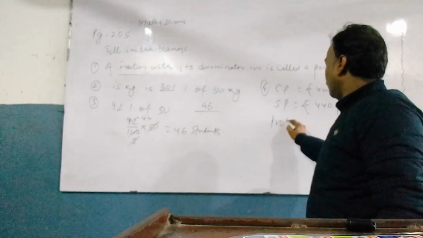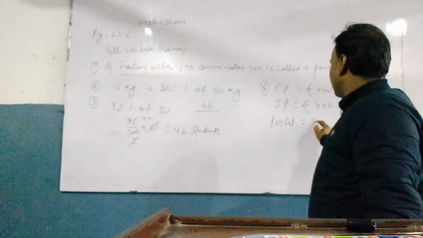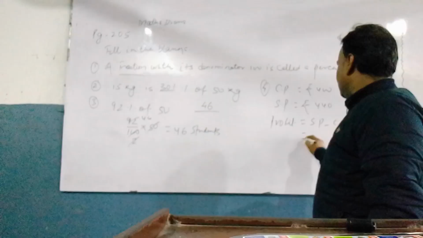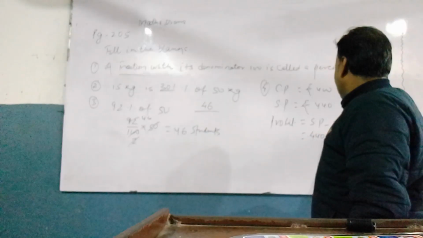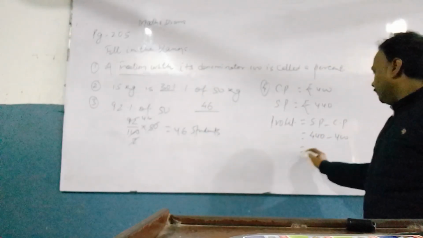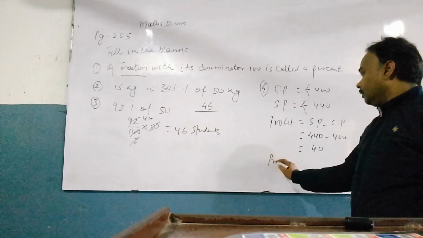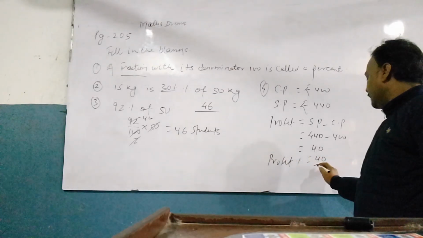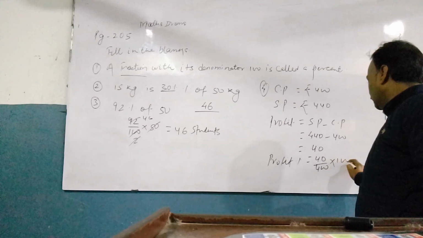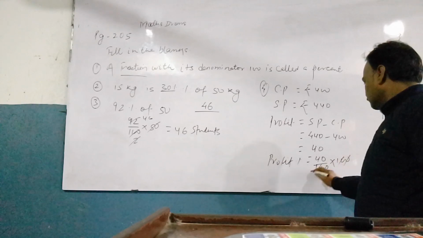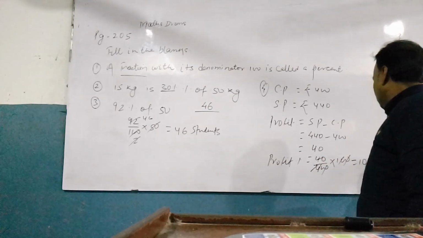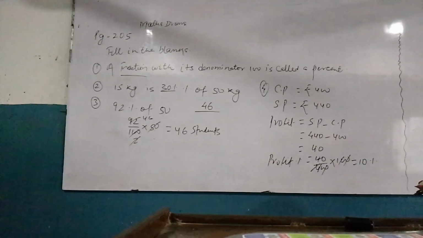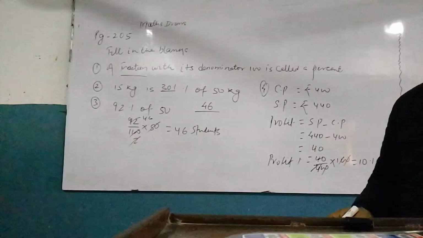Here we have profit, and profit is equal to SP minus CP. SP is rupees 440 and CP is 400. Their difference is 40, and profit percent is equal to profit by CP into 100. It is 10%. So there is a profit of 10%. Is it clear?